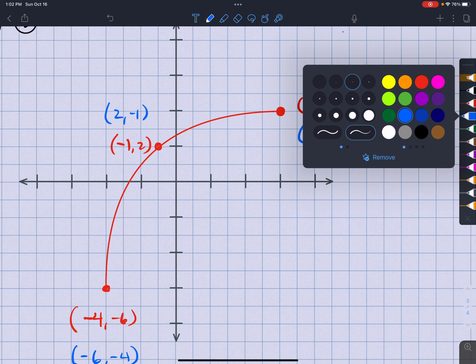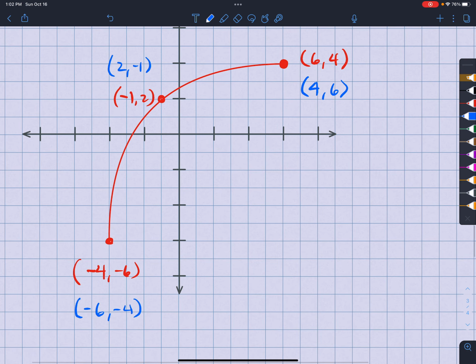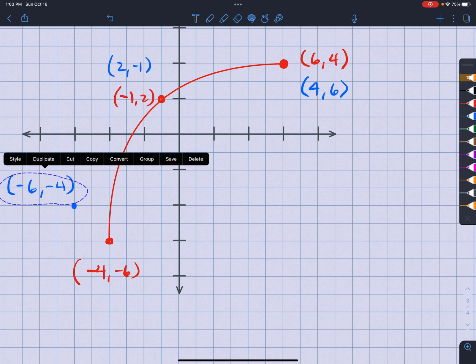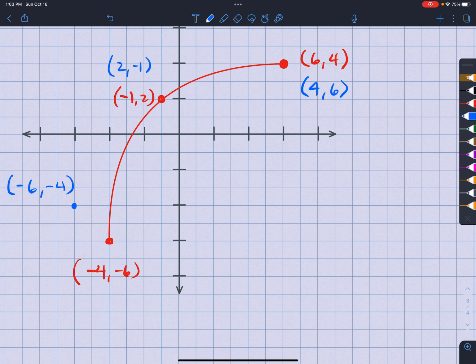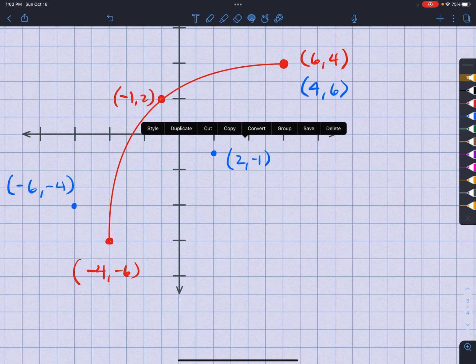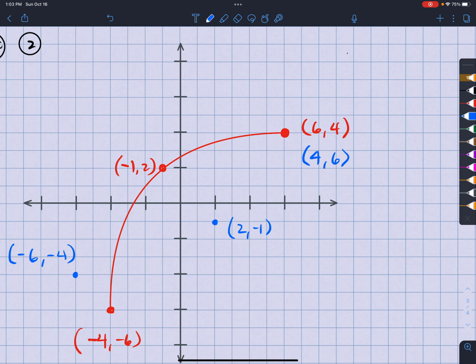Negative 6, negative 4 is going to be right here. So that is this piece right there. And then I have 2, negative 1. There's that. So this piece right here is now that piece right there. And I got 4, 6. So let's plot 4, 6, which is this piece right here.